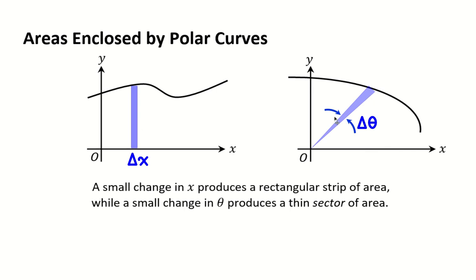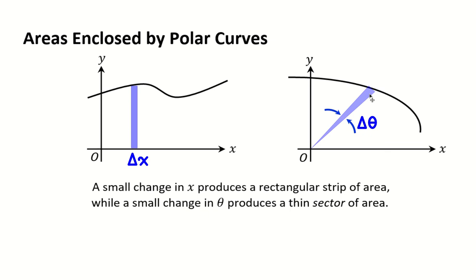Here it's going to be kind of like this. A small change in x produces a regular strip of area, but with the polar stuff, a small change in theta produces a thin sector of area.